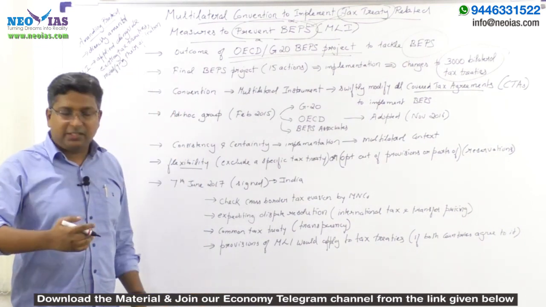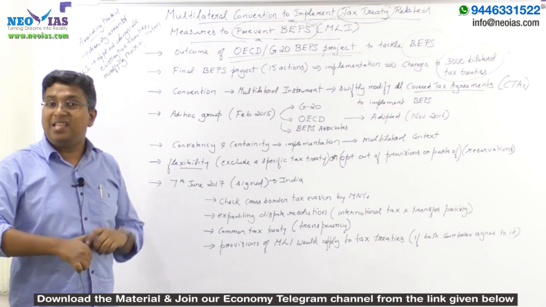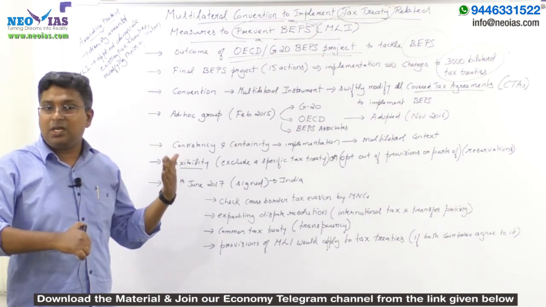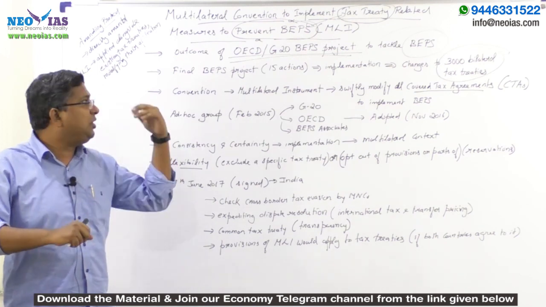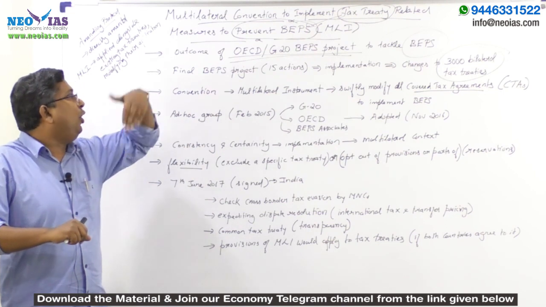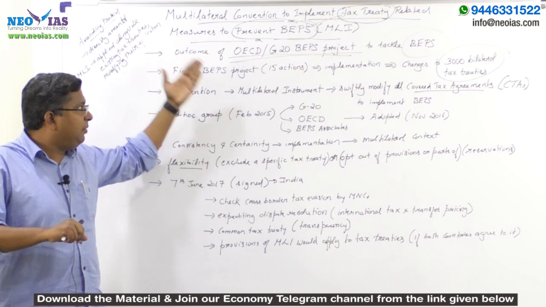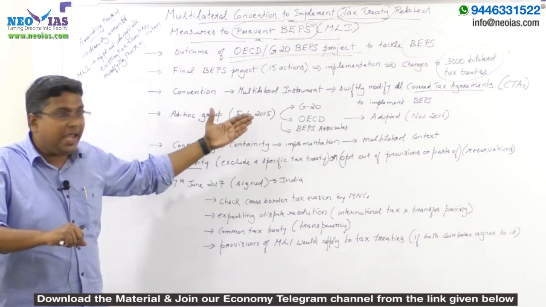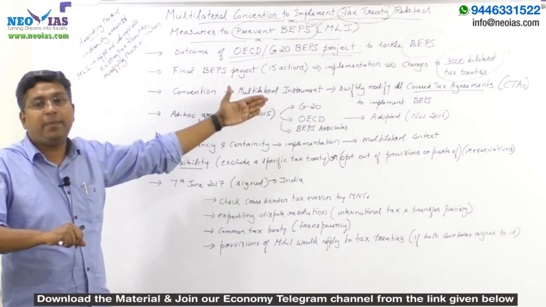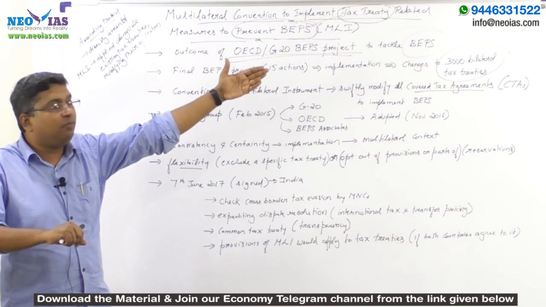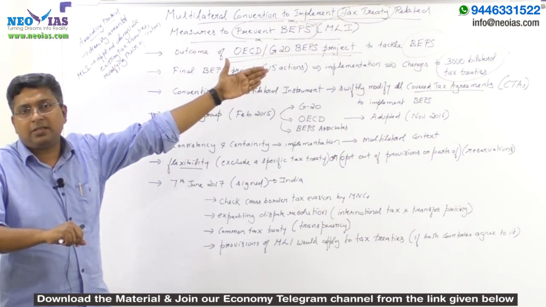So in order to successfully implement this BEPS project, nearly 3,000 bilateral tax treaties signed between many countries have to be changed. This is very important. The BEPS project consists of a 15-point action plan, and to implement it you need to change around 3,000 bilateral tax treaties.